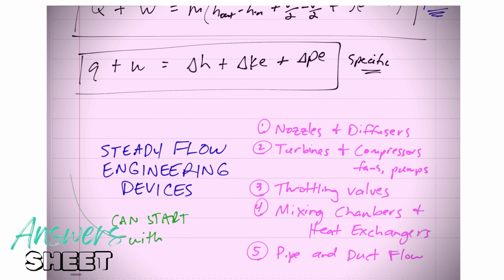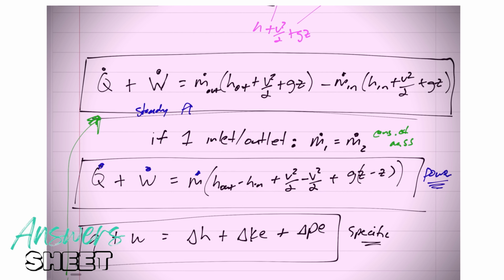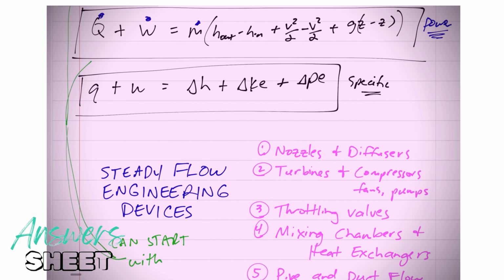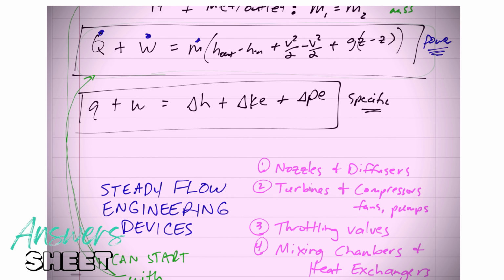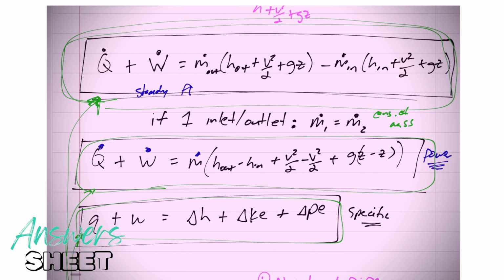I like to start up here, but if we know there's one inlet and outlet, then we can go right here. If we know there's one inlet and outlet and we only want specific, we can go right there. But in general, I'm going to start with this top one, our main equation.